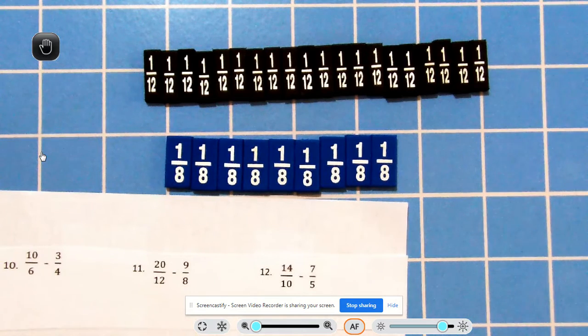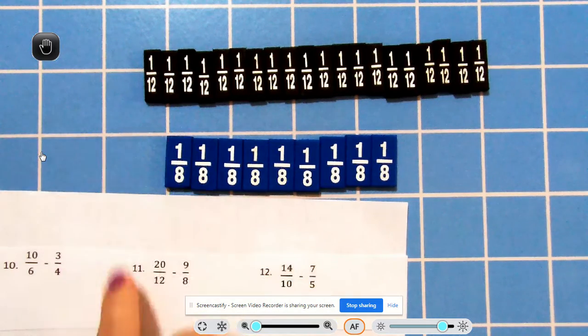You couldn't change 9 dimes for a whole dollar because those aren't equivalent. But once you get 10 dimes, or once you get 4 quarters or 20 nickels, you could cash that in for a whole dollar. And that's kind of how you have to think about fractions.